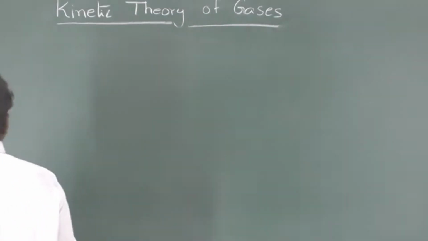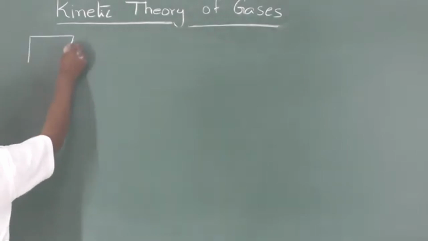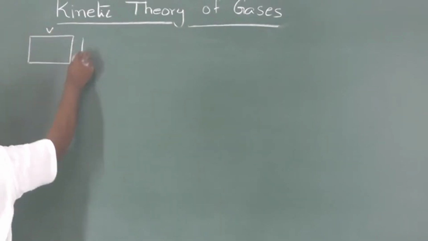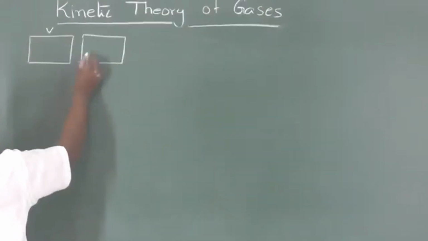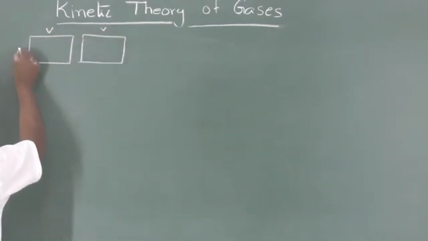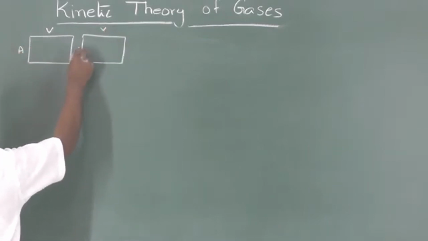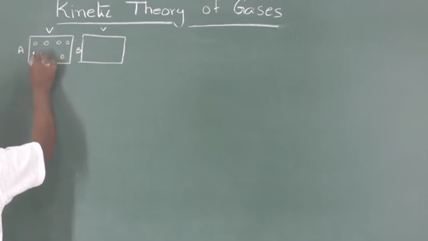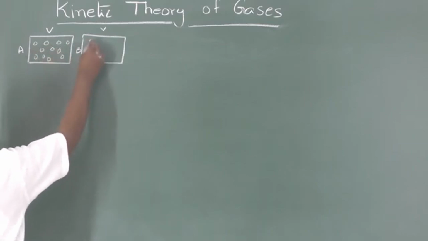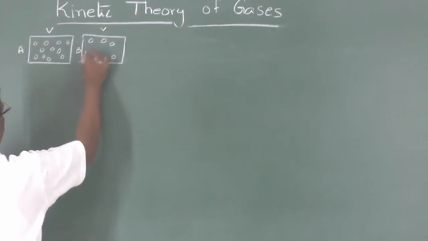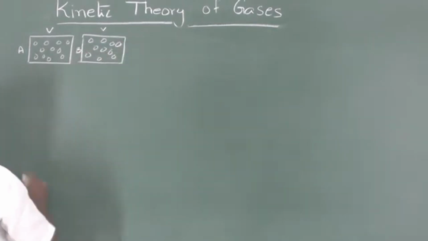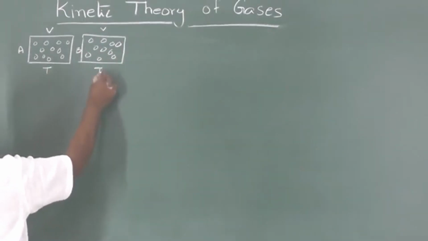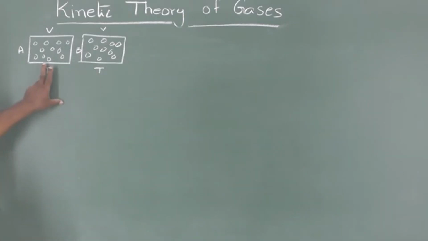Let us explain. This is one container with volume V. This is another container with the same volume V. Here you have gas A and here you have gas B. The gas A molecules will exert some pressure, and the gas molecules in this container will exert some pressure, both at temperature T. So both containers have the same volume and are at the same temperature.